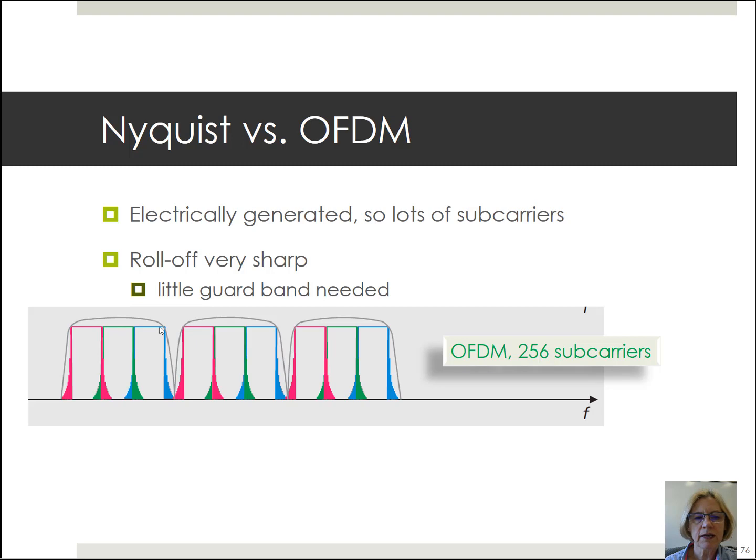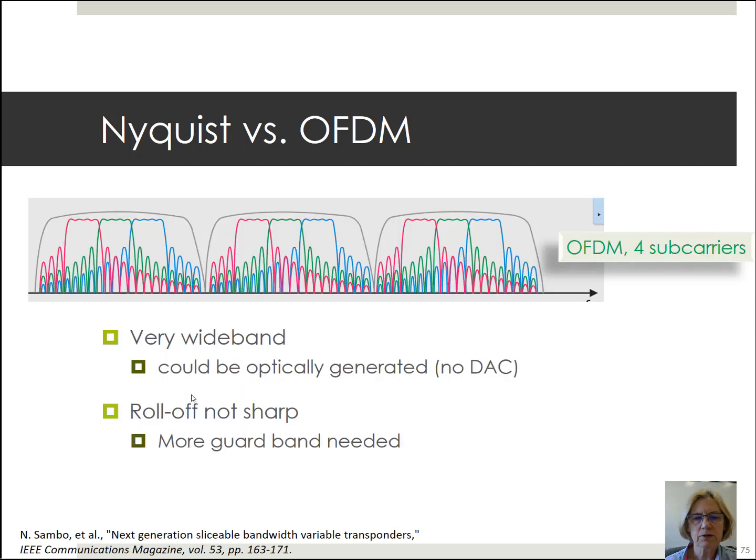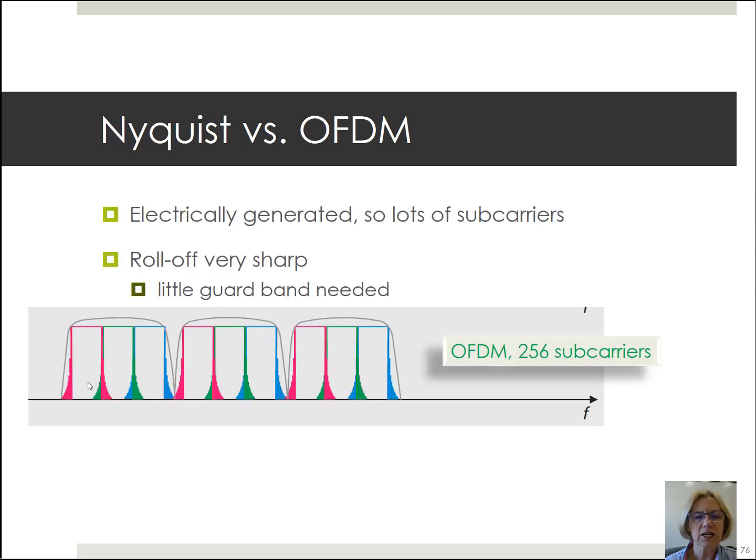And that's true even at the super channel, where we've grouped several of the carriers together. So just to remind you, here we would have used 4 lasers for this channel, whereas in this one we use a single laser, and all of the 256 subcarriers are sort of virtual subcarriers. They're generated in the electronics as part of the FFT. But when we look at the spectrum, we can see them clearly.